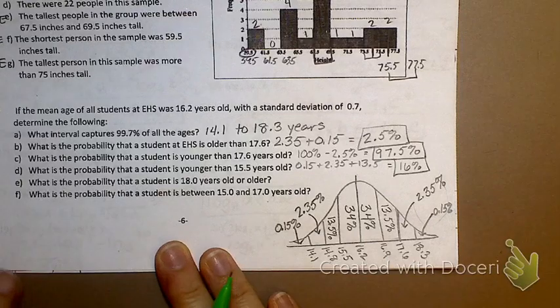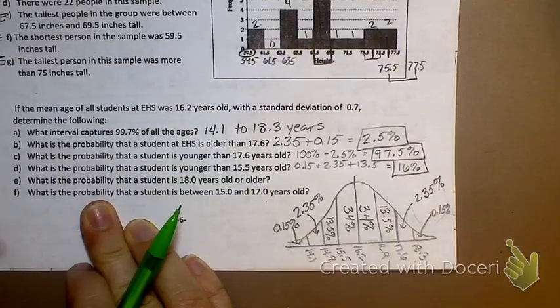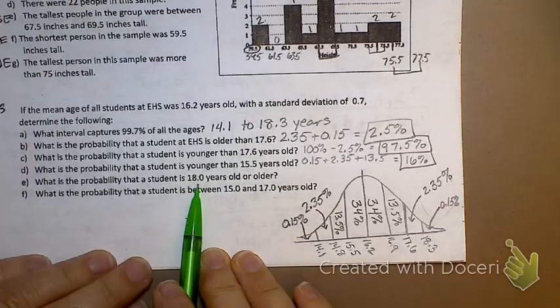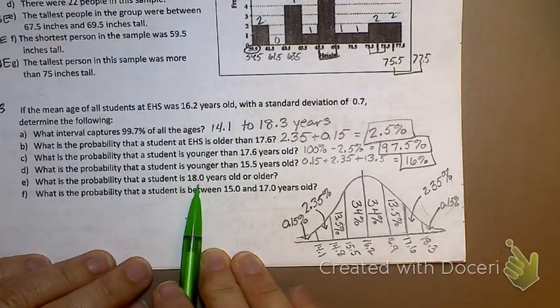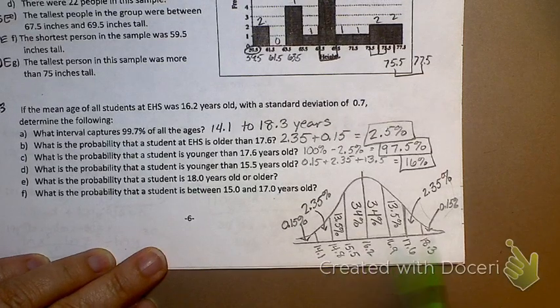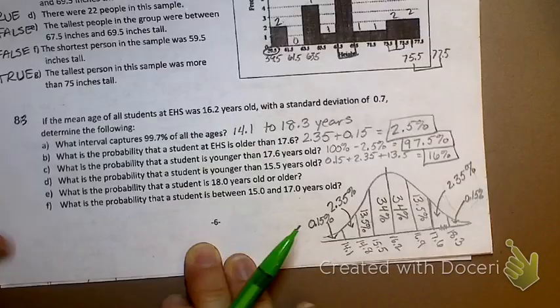Okay. The last two, I need to get a chart out. So how do I know I'm going to need a z-score table for these two? Because if I look at 18 years old right there, that's not one of my numbers, is it? It's somewhere in here. So I have to do the z-score table.